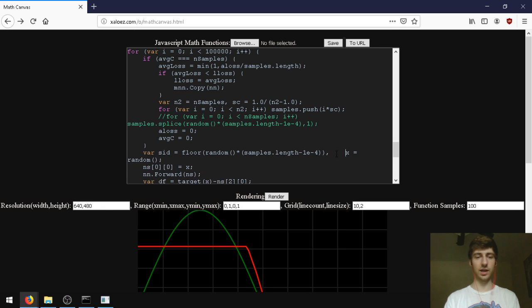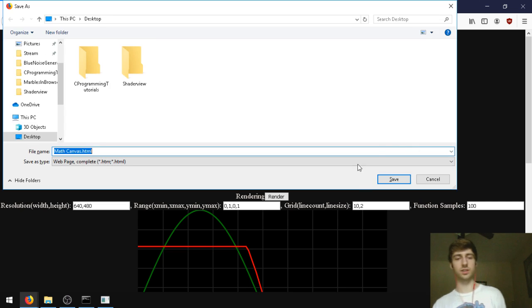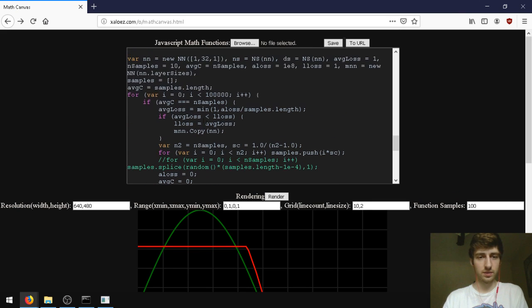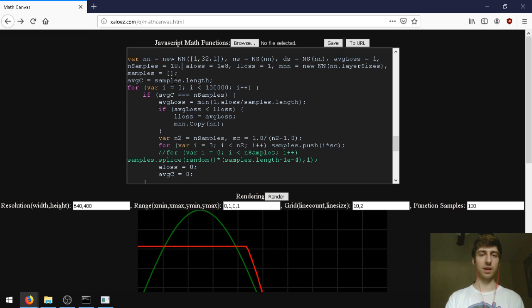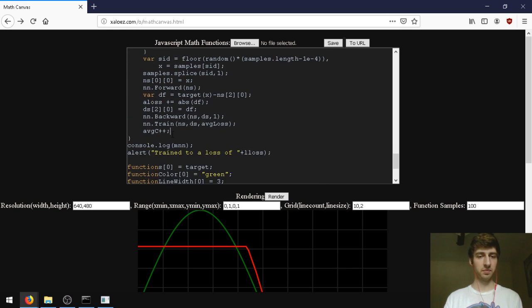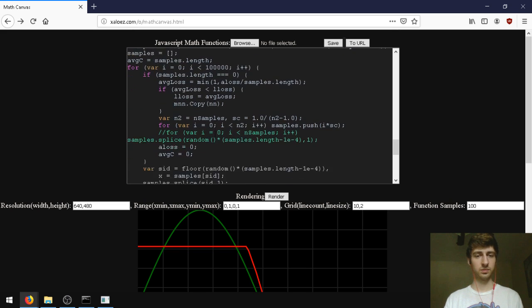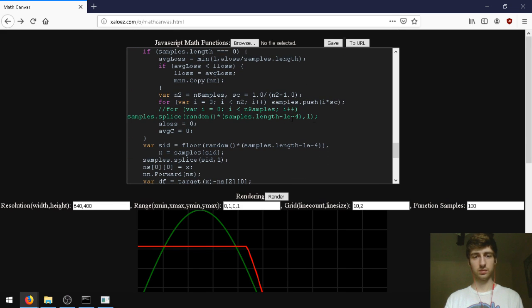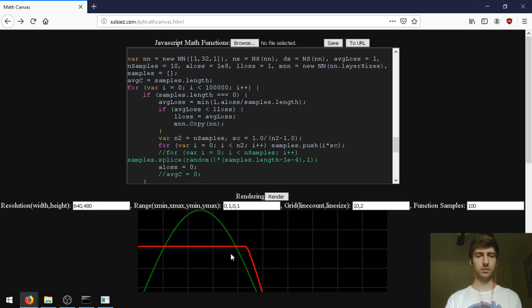All right, so then to get our X, we do samples SID, and then we remove that sample like this with splice. Oops. So actually, I think instead of doing this average counter here, we can just do if samples.length equals 0. And that should do it.